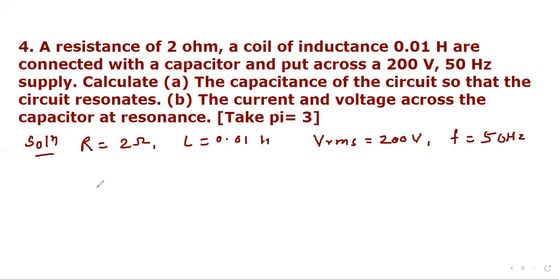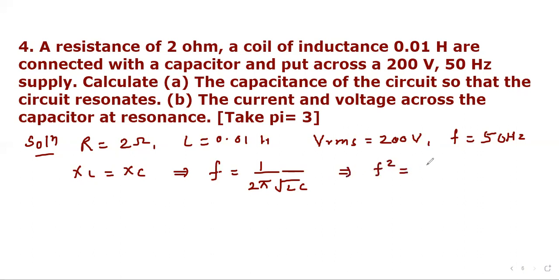Now, if you remember, I told you for resonance XL equal to XC, that gives F equal to 1 upon 2 pi root LC, where F is a resonant frequency. So we have to find out C. What we do, we just square it. F square equal to 1 upon 4 pi square LC, or C will be equal to 1 upon 4 pi square F square L.